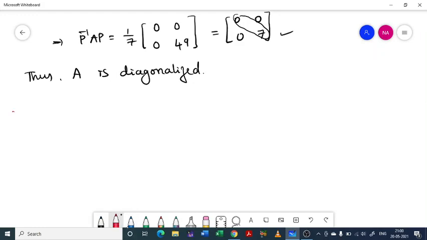Next, problem C. The matrix is A equal to 4 1 2 3.